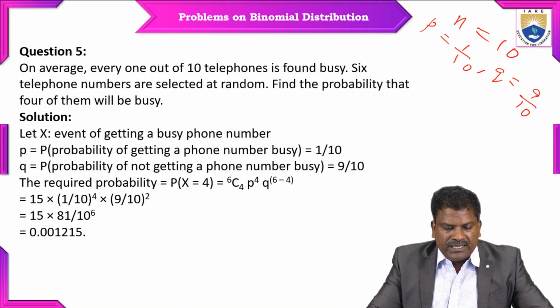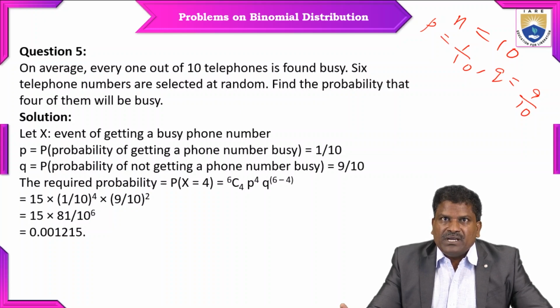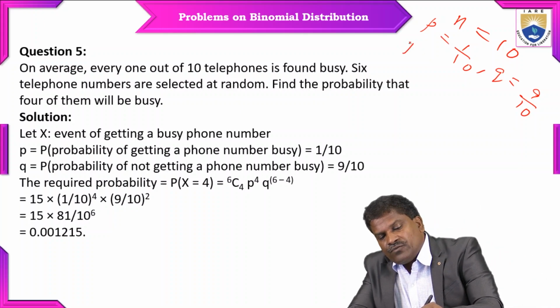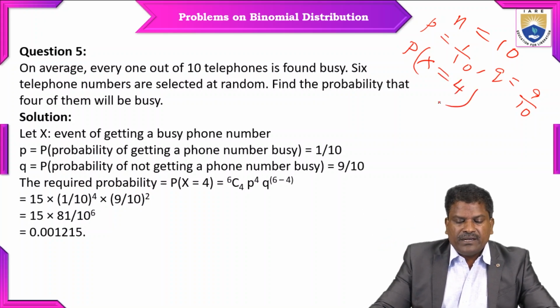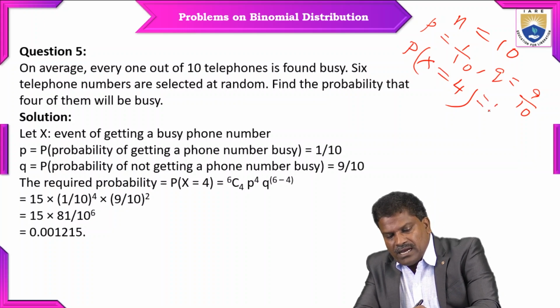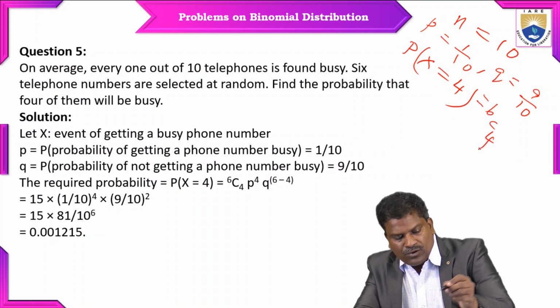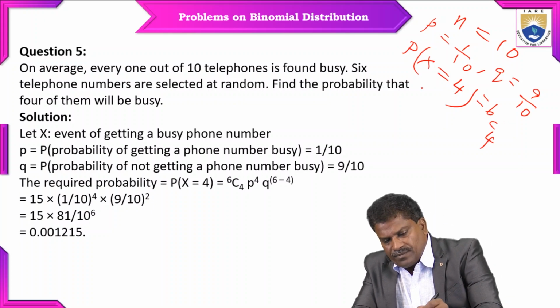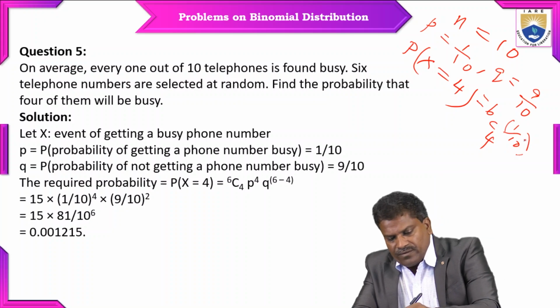Now what they are asking: find the probability that 4 of them will be busy. What do we have to find? P of X equal to 4 we have to find. So keep it in our formula. nCr means 6C4. P to the power r is 1 by 10 to the power r. What is r here?